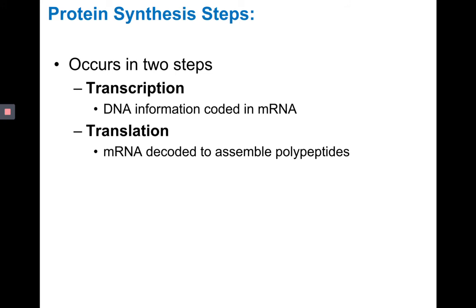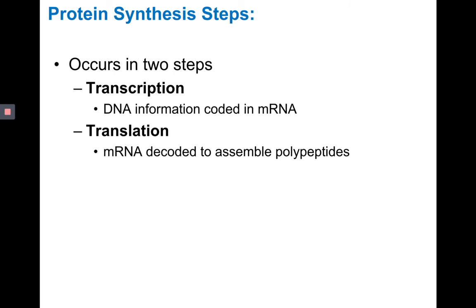Now, if we change the molecular language, then it's translation. So if we go from a nucleic acid RNA to building a protein, those are two separate types of biological molecules. So that's translation. To go from nucleic acid, mRNA, to protein or polypeptide, that's translation.